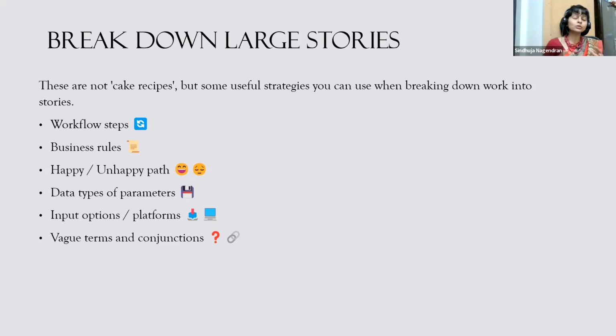When breaking down large user stories, we are already aware of many techniques, like inverse criteria and others. The ones I listed are another way to break down our large stories into small chunks so that we can accommodate them in the existing sprint length. So how and what is all this? We will see it in the next slides.